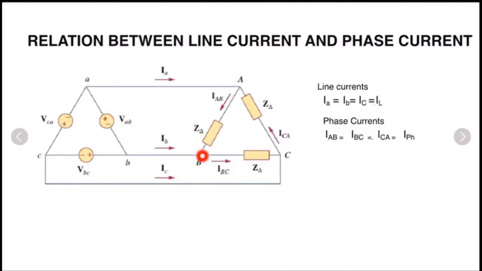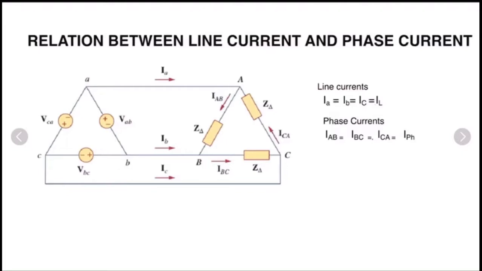The load is connected to the three-phase supply by this part, and this part is nothing but the line. So the current flowing in this part is the line current. IA, IB, IC are your line currents, and all line currents will have the same magnitude as we are working with a balanced system.